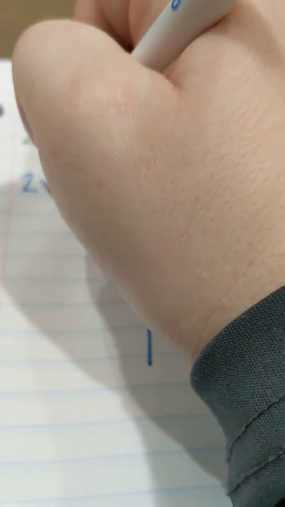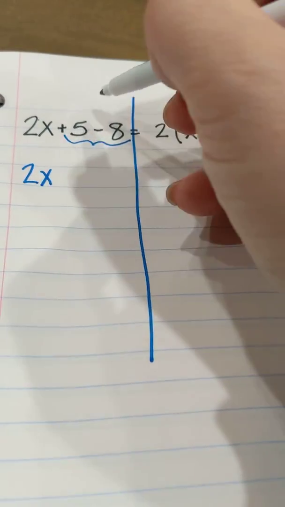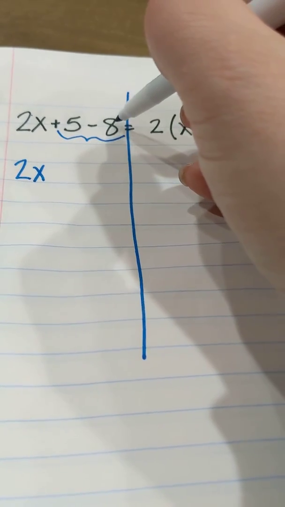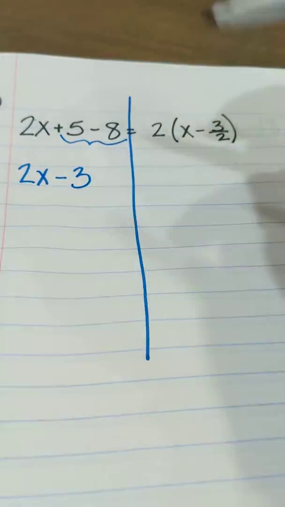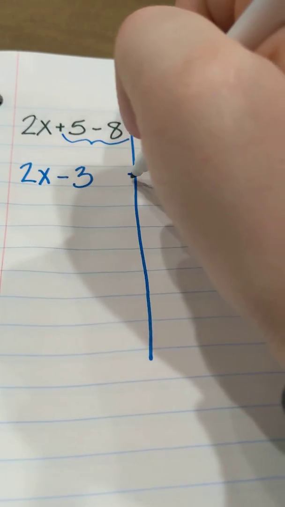I can just combine them like normal. So I'll have 2x. My phone's saying move back to improve focus. 5 and minus 8. The 8's bigger. The signs are different. The difference between 8 and 5 is 3, and then it's a negative 3 because the 8's bigger. That looks a lot easier already.